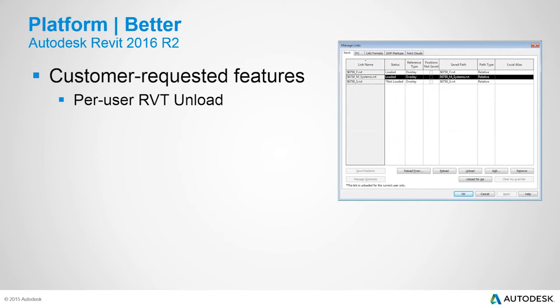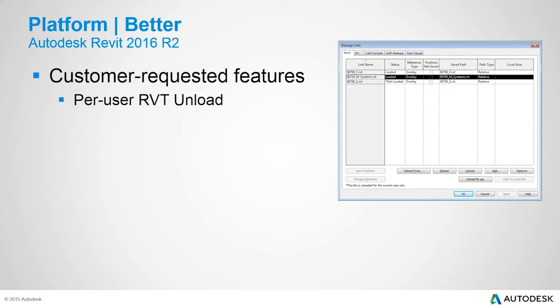Okay, there's a new for me option. I'll just say that again, for me option in the unload command box where it unloads the Revit link for the current user only.